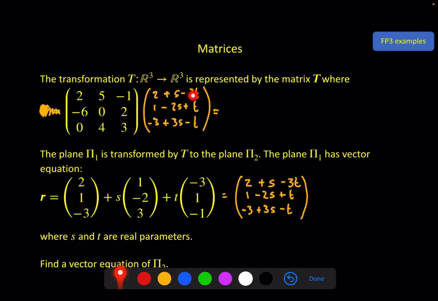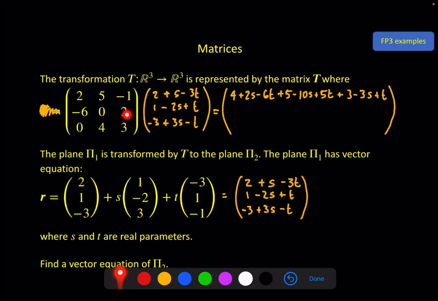So we've got 2 lots of this, plus 5 lots of this, minus 1 lot of this. So although it's a fairly simple thing to do, it's not necessarily a quick thing to do. We've got 4 plus 2s minus 6t, and then 5 times the second element of the vector, 5 minus 10s plus 5t, and minus 1 times the third element of the vector, plus 3 minus 3s plus t.